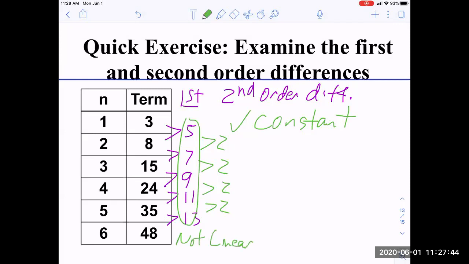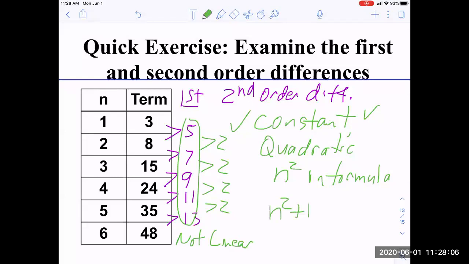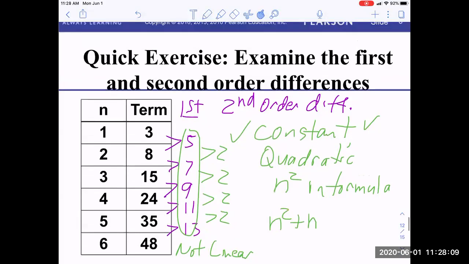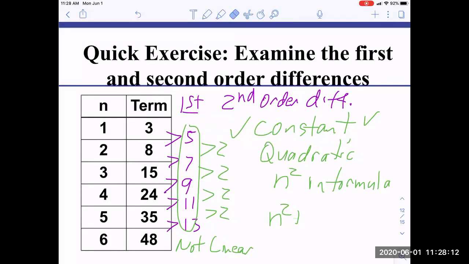But when the second order differences are constant, your formula or equation is quadratic. That means there's an n squared in the formula. And in this case, it just happens to be n squared plus n, 2n, my bad. Read my notes wrong. That gives you the term. I'll let you figure out where that came from. Good practice. It's not easy.